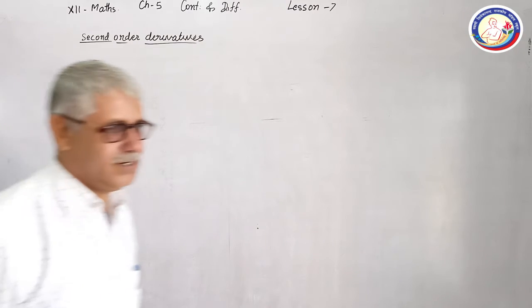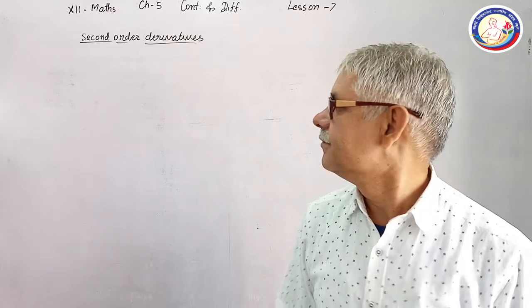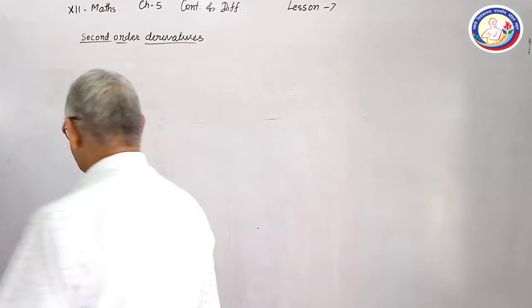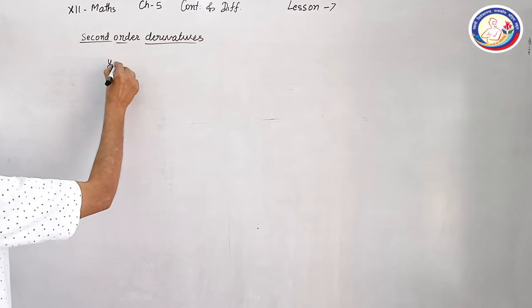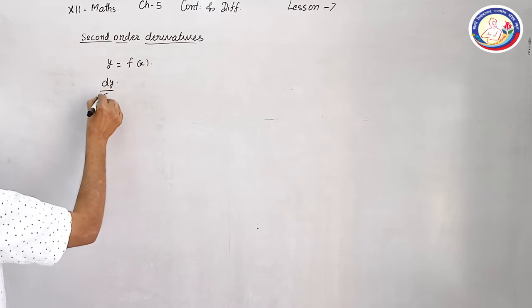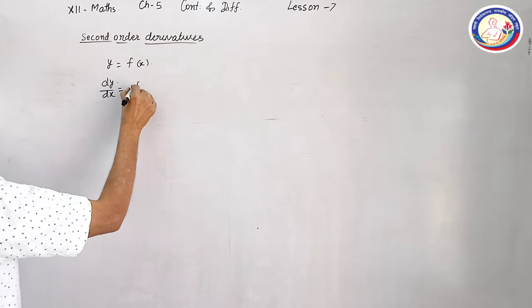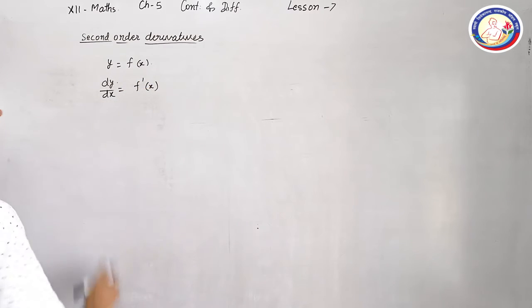First of all, we understand what is the meaning of second order derivative. Say y is a function given by this. Then derivative of y with respect to x is f dash x. We denote it f dash x.